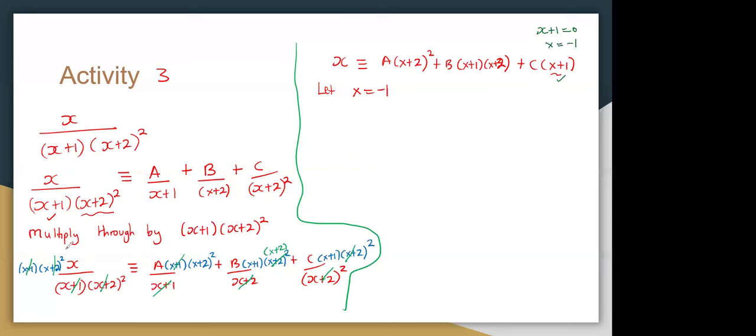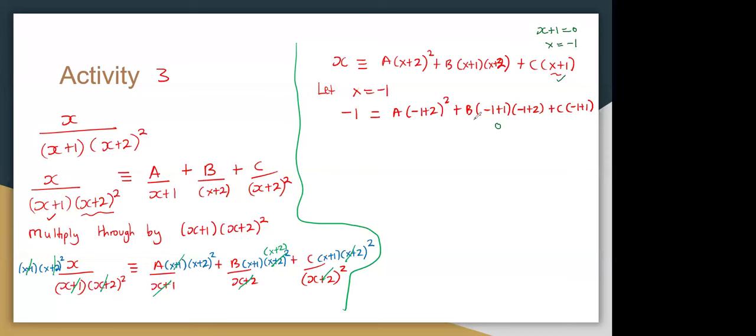Therefore, I'm going to substitute it on both sides. Wherever there is x, I put -1. So I'll have -1 now equals a into (-1 plus 2) squared, plus b into (-1 plus 1)(-1 plus 2), plus c into (-1 plus 1). You are going to notice -1 plus 1 here is going to give you a 0.